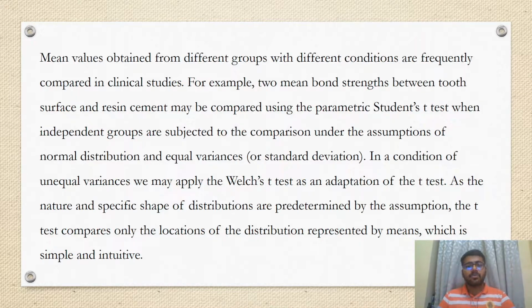For example, two mean bond strengths between tooth surface and resin cement may be compared using the parametric student's t-test when independent groups are subjected to the comparison under the assumptions of normal distribution and equal variances, or we can say standard deviation.